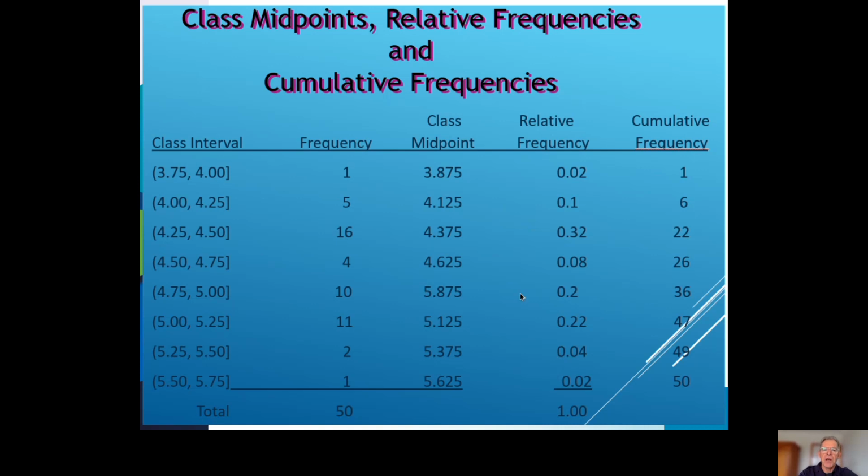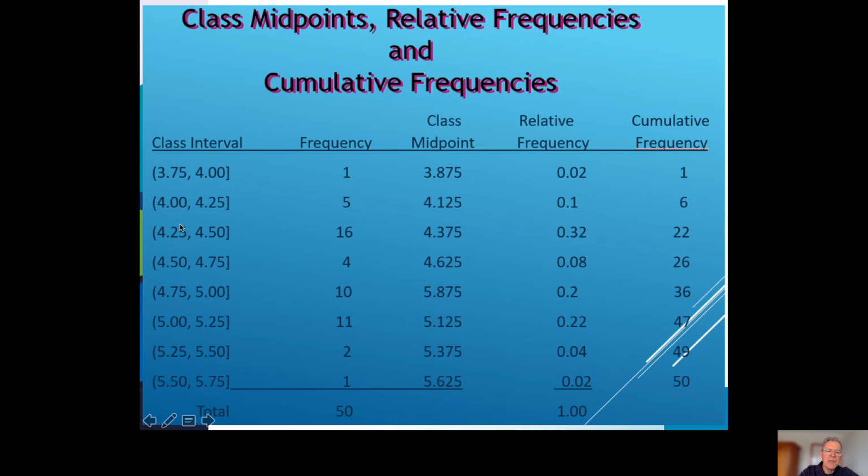Now back to the midpoints. Why are they important? Well, the mathematicians go, if we want to calculate averages and standard deviations and all of that, and we've got this grouped data, say we look at this particular category here, or interval, and there were 16 that were in the range of 4.25% unemployment and 4.5% unemployment, but where was the real data anyway?